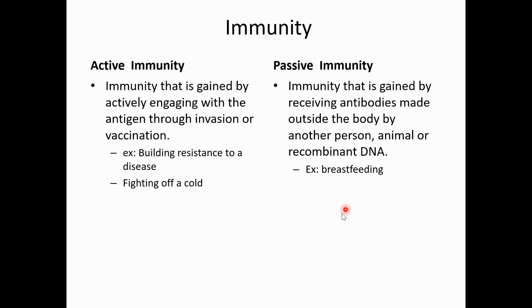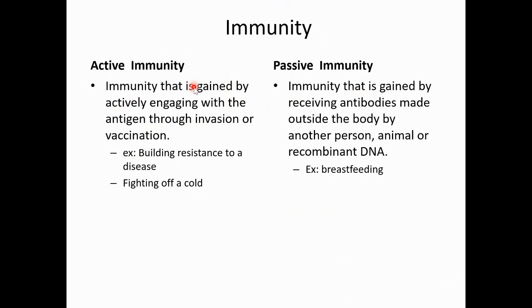Okay, so with the 3 levels of defense that we have, as you know, diseases and infections still happen, so hence we have an immune system. Adaptive immunity can be acquired actively or passively. This is probably just a review, but it's a good review.